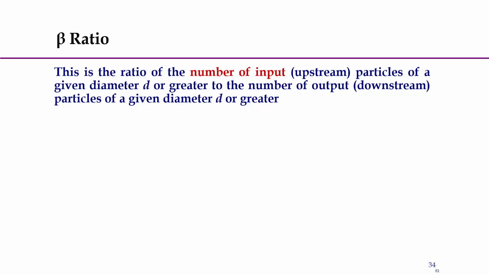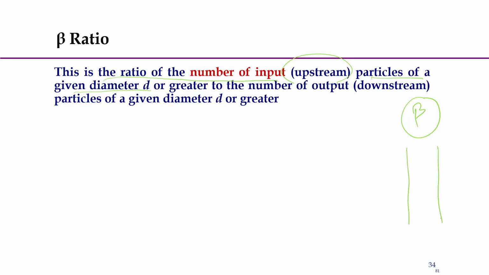This is the ratio of the number of input particles of a given diameter, that is important. Unlike penetration and other expressions, beta ratio is denoted with reference to a particular diameter.